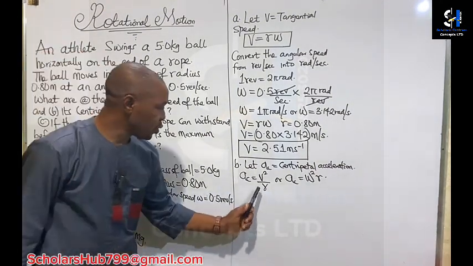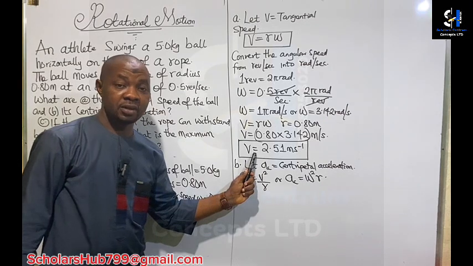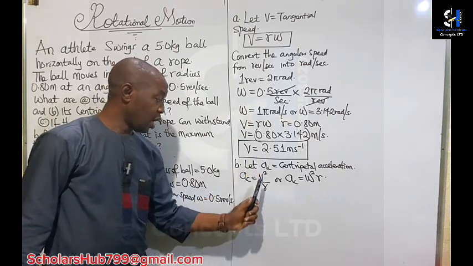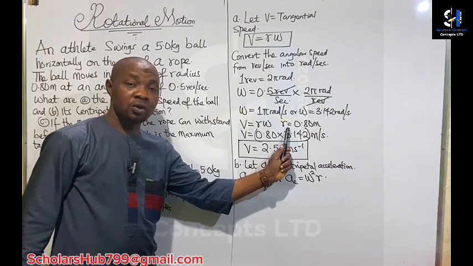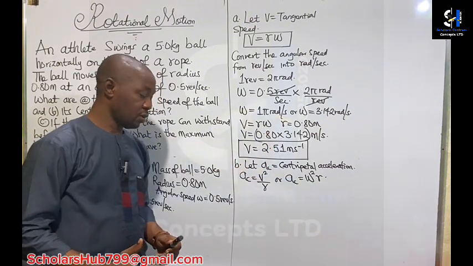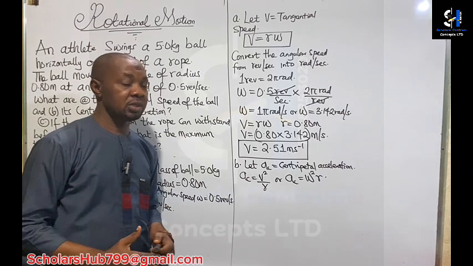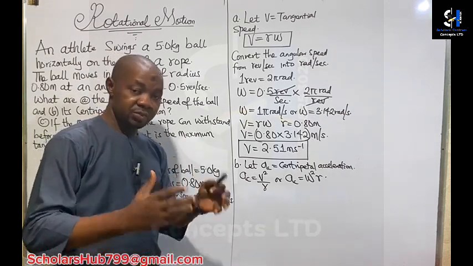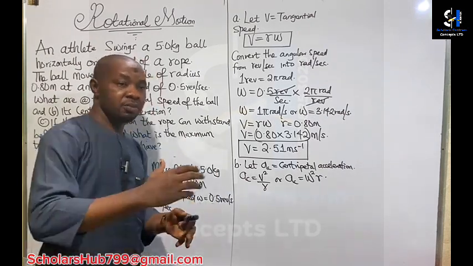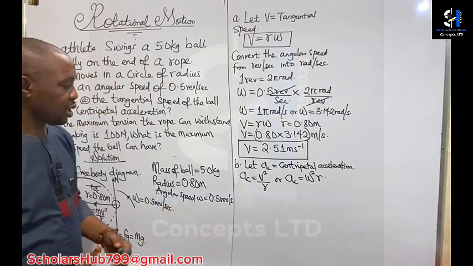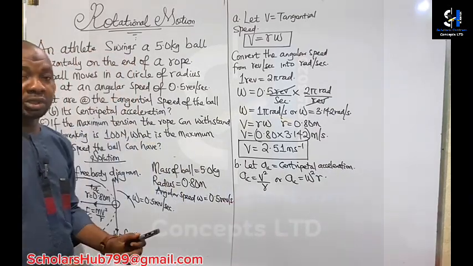But because we just calculated the value of v, the tangential speed, let's make use of this value, and we already know that r is the radius of the circle the ball describes when the centripetal force keeps the ball moving in a circle, in order to develop an acceleration.